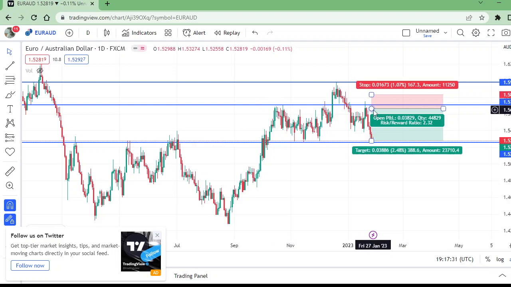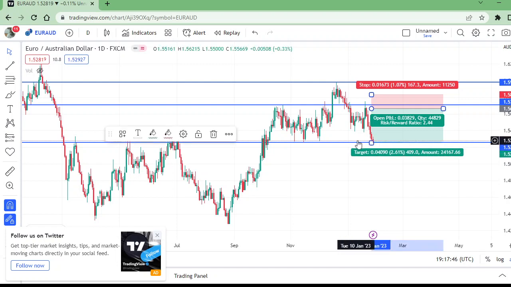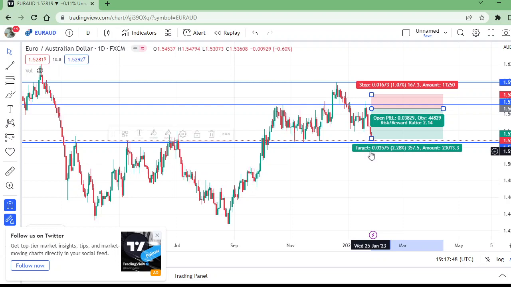So entry somewhere here, even if someone wants to enter here, these are all the entry positions. And for take profits, there are many options.